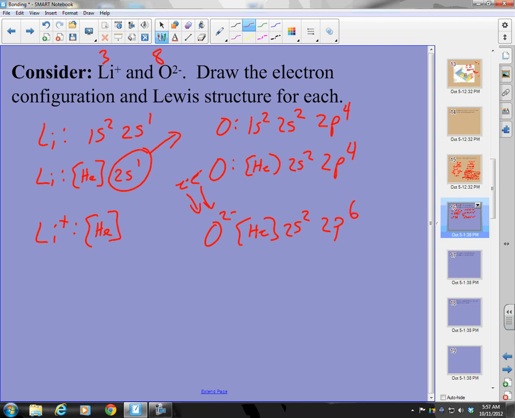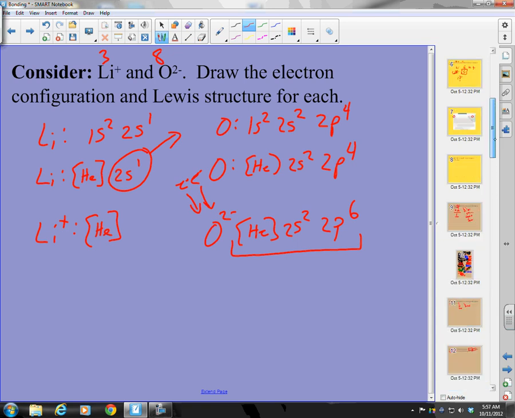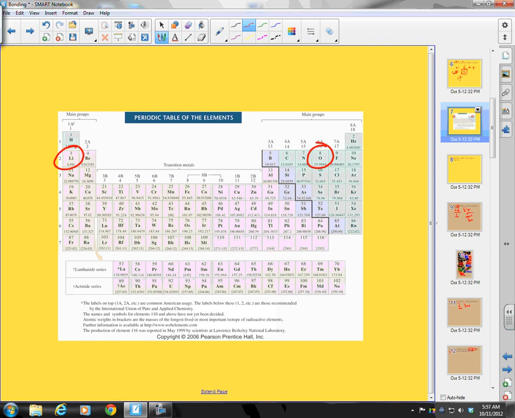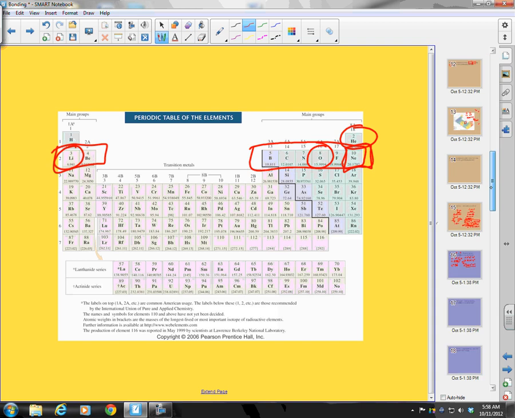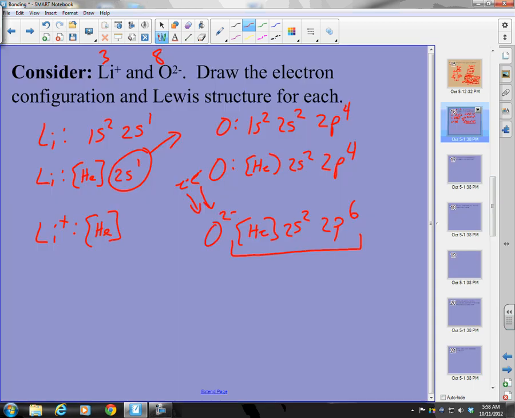Wow. And what do I really get when I look at helium 2s2, 2p6? Let's go back and look at our periodic table. Here's my helium, 2s2, 2p6. What do I have? I really have a neon electron configuration. So really, my O2 minus is nothing but a neon electron configuration.